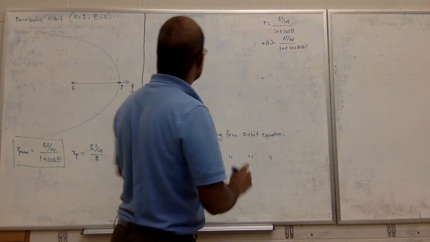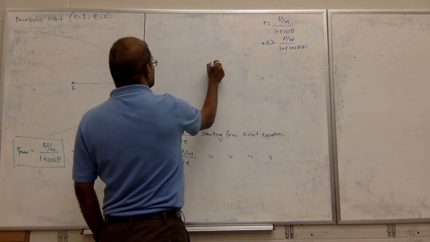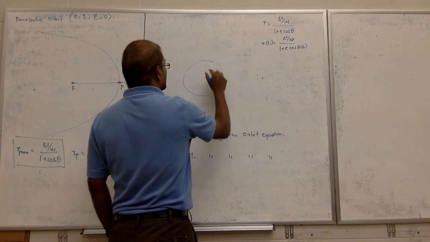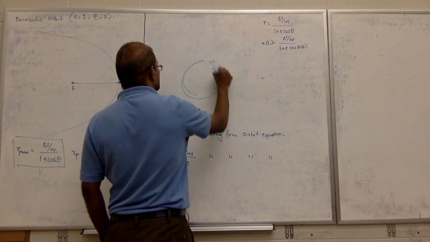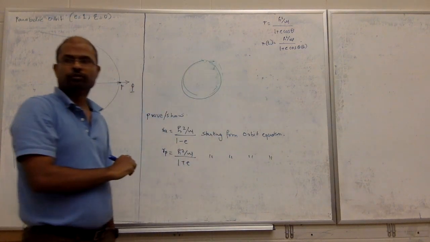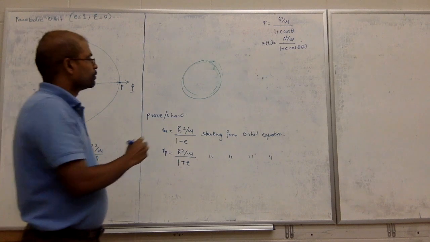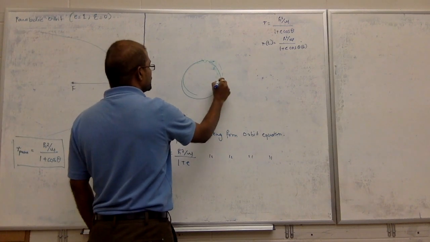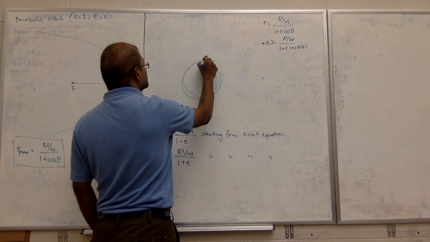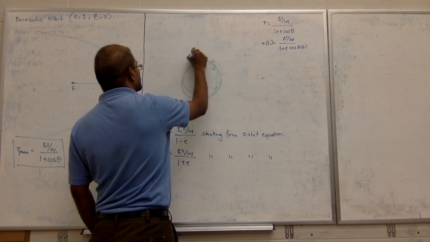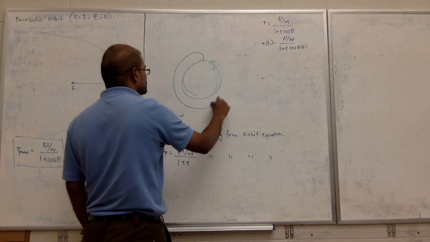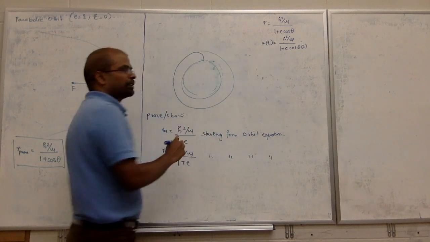You have seen this several times. This is the central body, let's say Earth. This is the surface. You launch your rocket like this and throw the satellite in here.